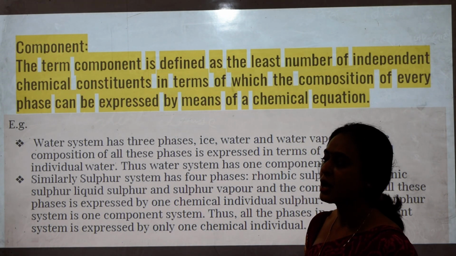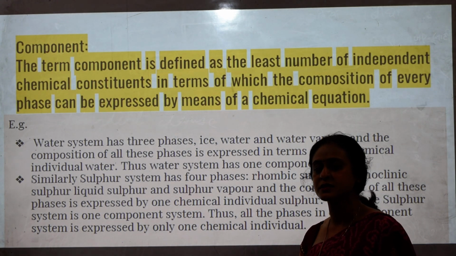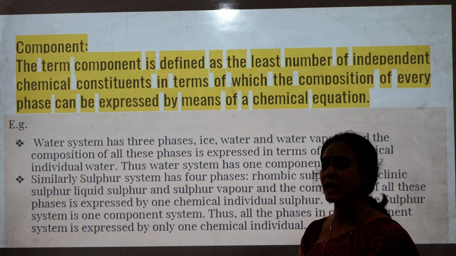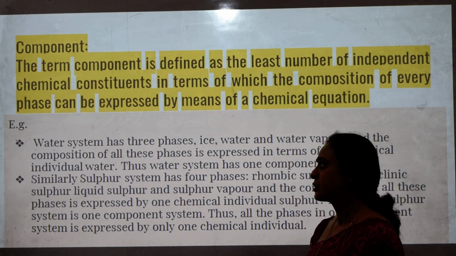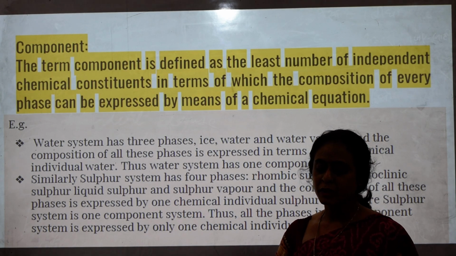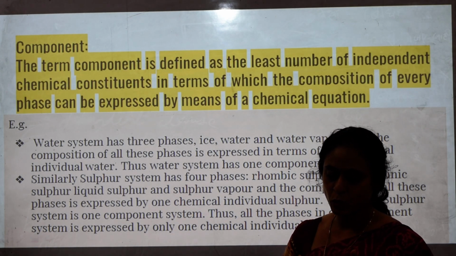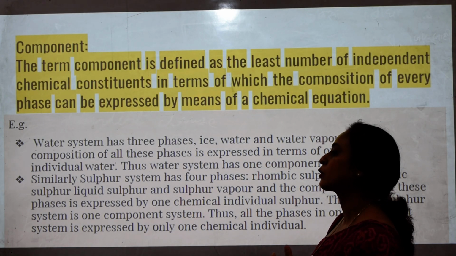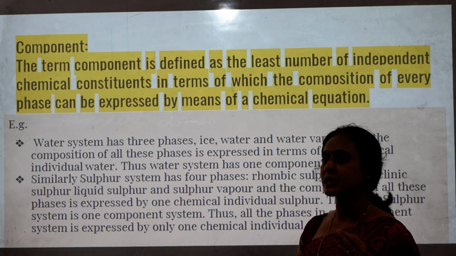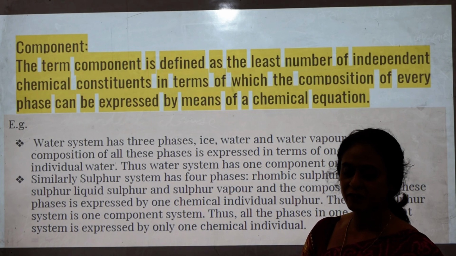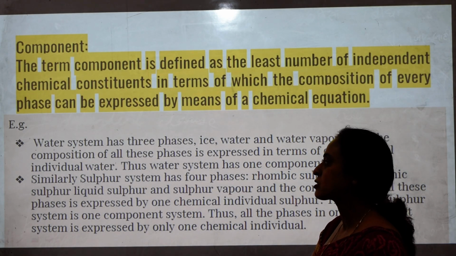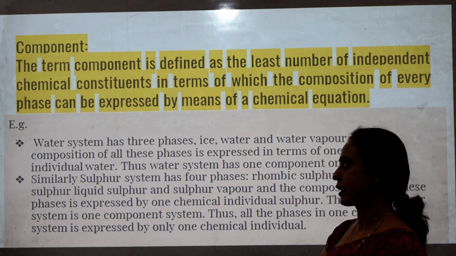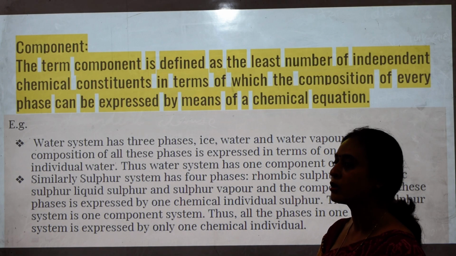In the same way, I am talking about one component system, sulfur. In sulfur, actually maximum number of phases which can exist is 4. Rhombic sulfur, monoclinic sulfur, liquid and vapor, means solid has again been divided into two, rhombic sulfur and monoclinic sulfur. But only three phases can coexist altogether, although there are four phases.